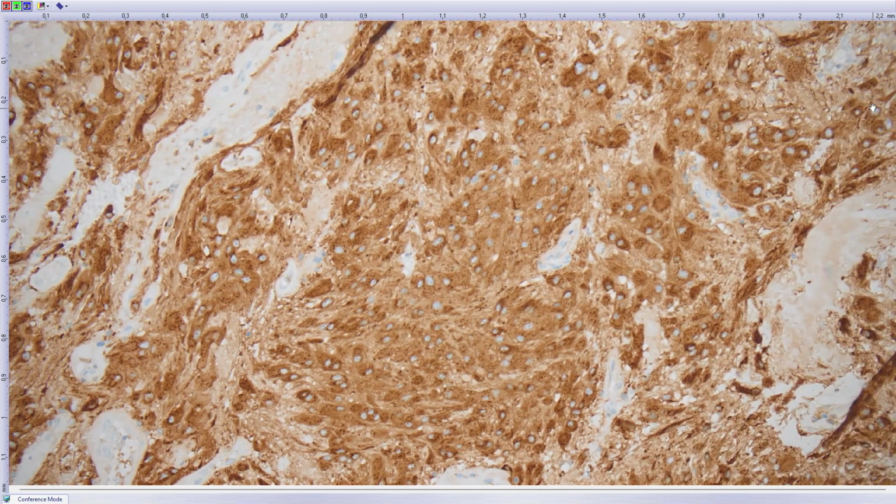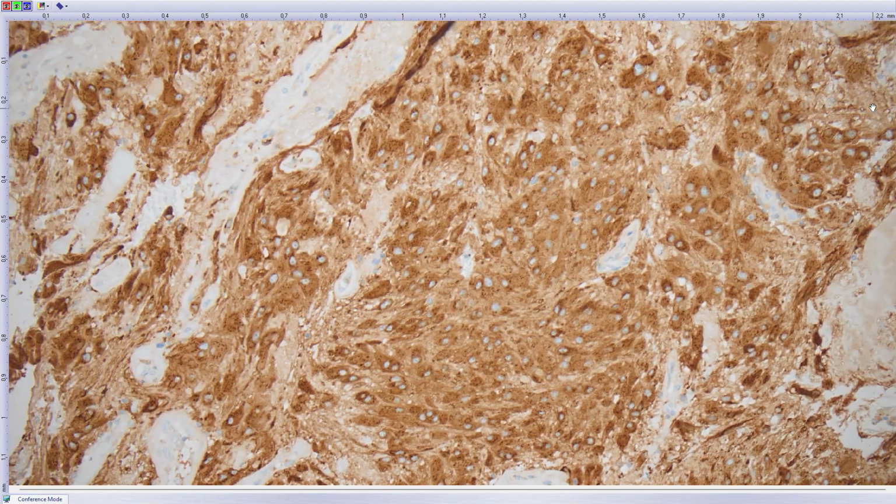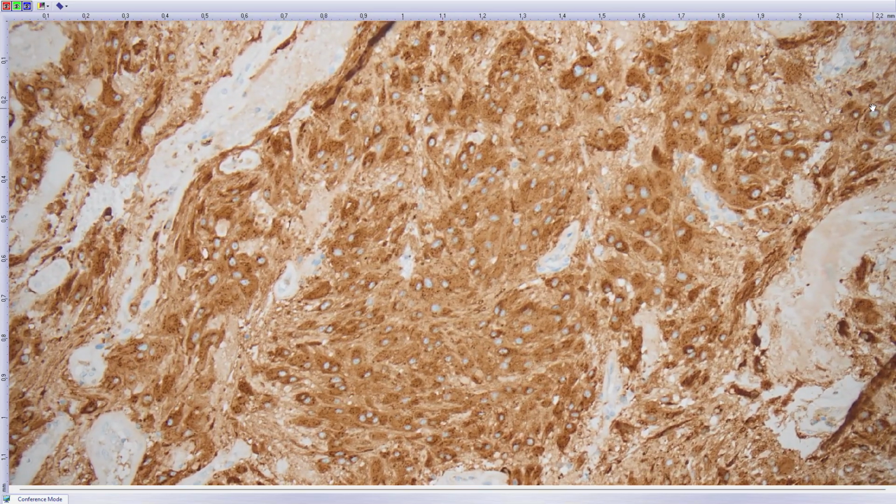And this antibody is quite useful in diagnosing tumors having either TSC1 or TSC2 gene mutations or other alterations in the mTOR pathway. And it's also useful in diagnosing tumors having TFE gene rearrangements, including PEComas and some kidney tumors.